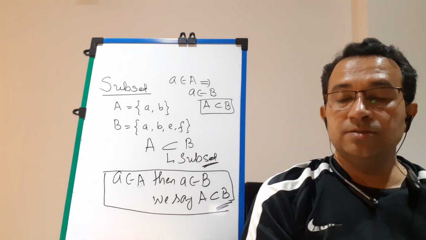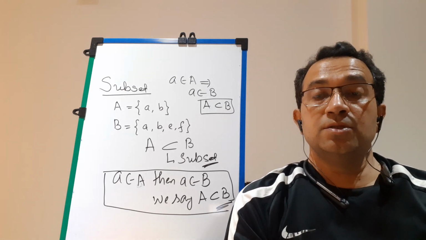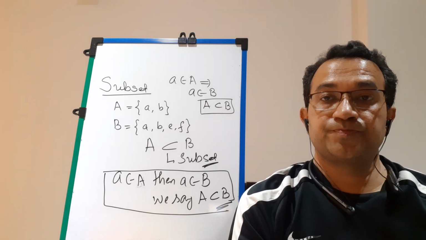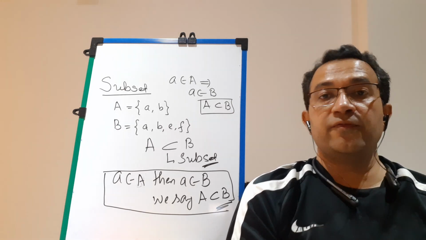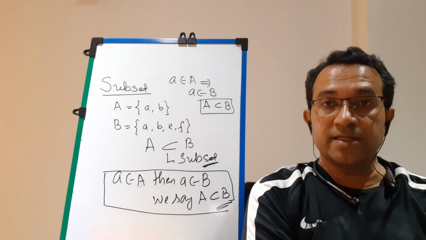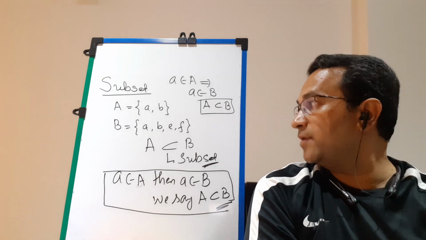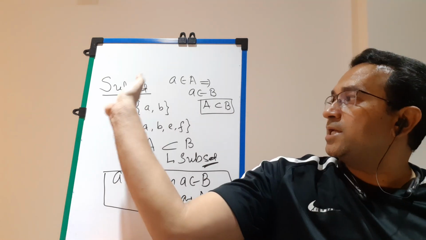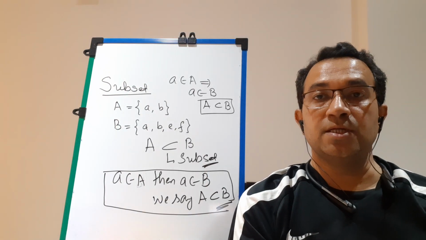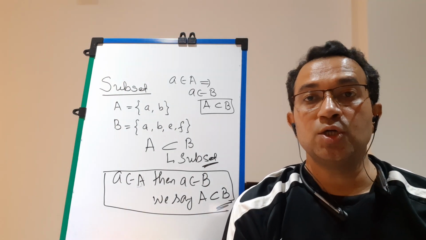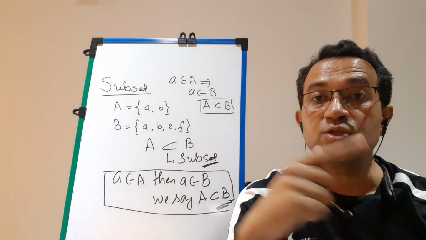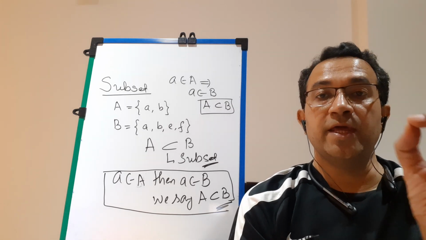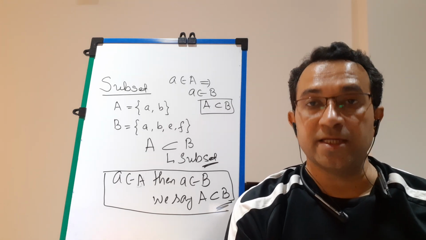Now students, number of subsets, and one more definition also we have, that is power set. Now this I think all of you are very well aware of. Suppose A has two elements, then the number of subsets of A are 2 raised to n, 2 raised to 2, that is 4, where n is the number of elements of a set.